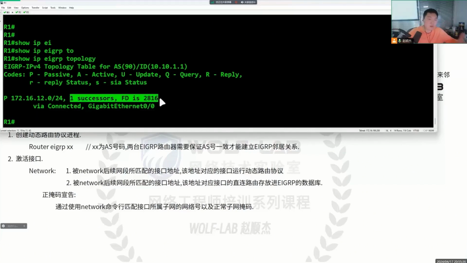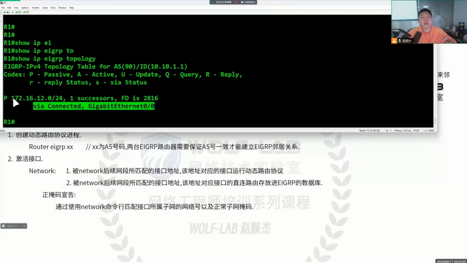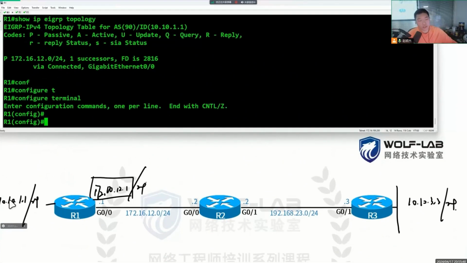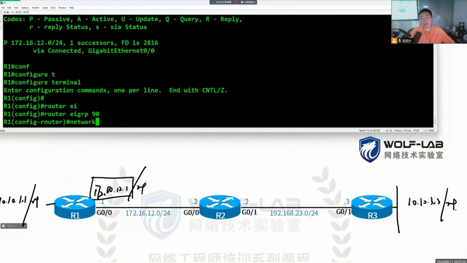Our 10.10.1.1 matched interface, matched address, corresponding interface. Our corresponding interface runs our EIGRP, and the direct route is put into the database. Show ip eigrp topology. Look, it's in. Put the corresponding direct route into the database. This is our EIGRP's work.